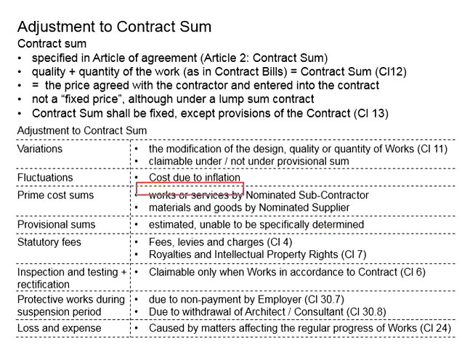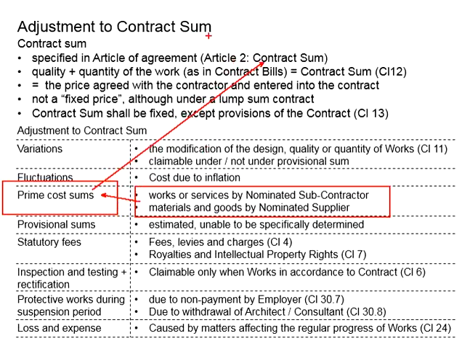The relevant costs related to the nominated subcontractors and nominated suppliers shall be under the prime cost sum. Should any adjustment in terms of the cost here occur, it may lead to adjustments to the prime cost sum, and ultimately it shall make adjustments to the contract sum.